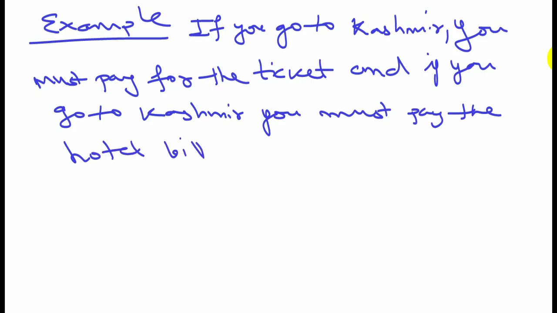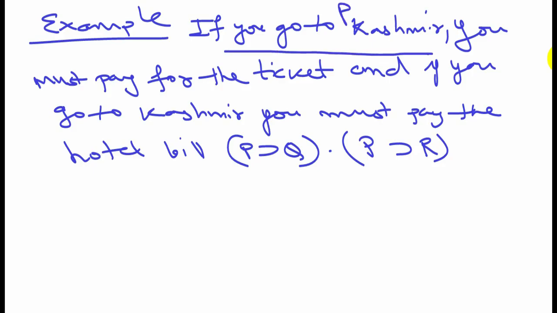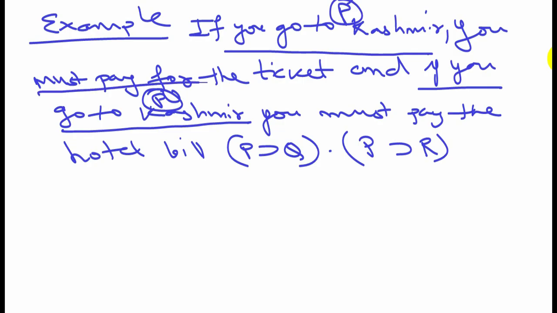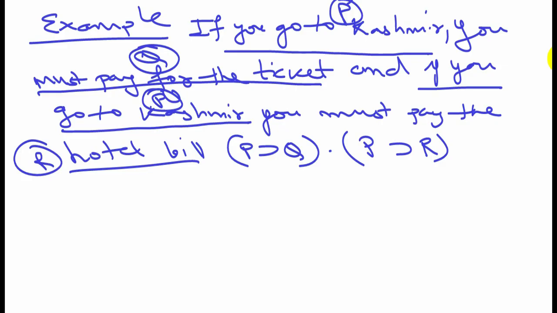This is the major premise: P implies Q and P implies R. So if you go to Kashmir, this is your P. You must pay for the ticket, it's your Q. And you must pay for the hotel bill, this is your R. So the minor premise denies.